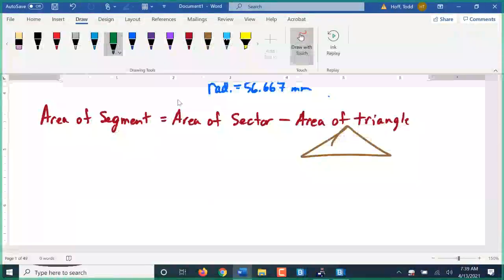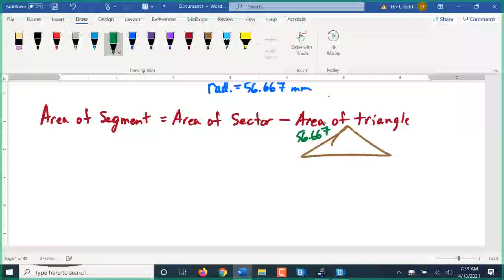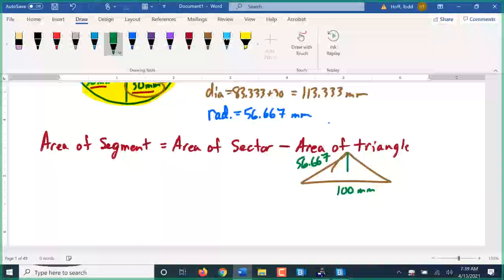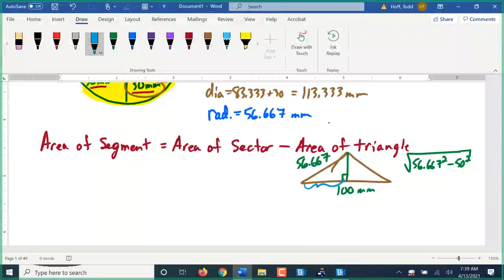Since we know that this is 56.667, the bottom across here is 100 total. We actually know the height here. We can confirm it, but we can find it by subtraction. I'm going to confirm it here. That height has to be the square root of 56.667 squared minus 50 squared. Remember, 50 would be halfway there.